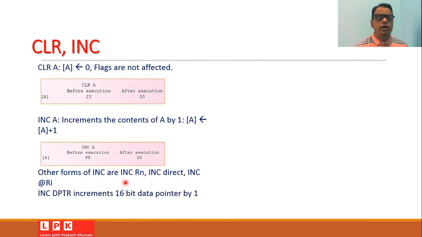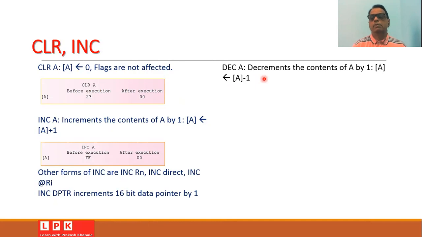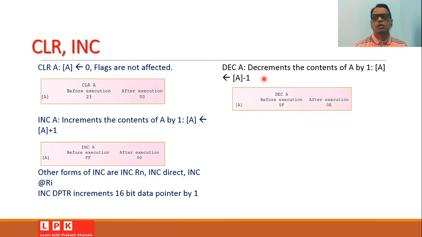Also, you can increment the content of the data pointer DPTR, which is a 16-bit number, by using the instruction INC DPTR. It is also possible to decrement the content of A by 1 by using the instruction DEC A. Whenever you execute this instruction, the content of the accumulator will be decremented by 1.